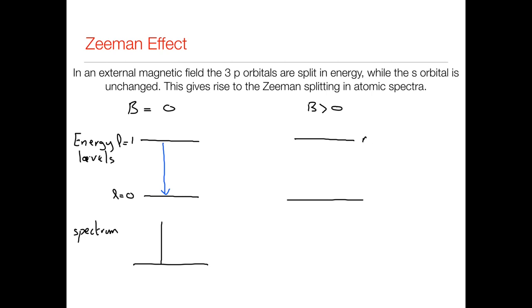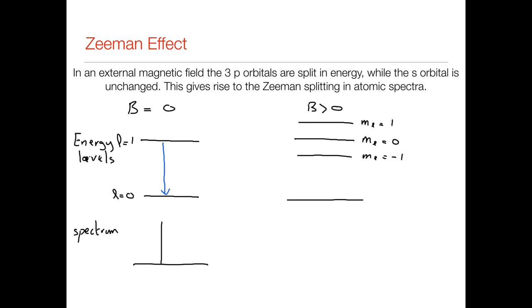So the ml equals 0 level will be unchanged, but the ml equals 1 level and the ml equals minus 1 level will be at different energies.